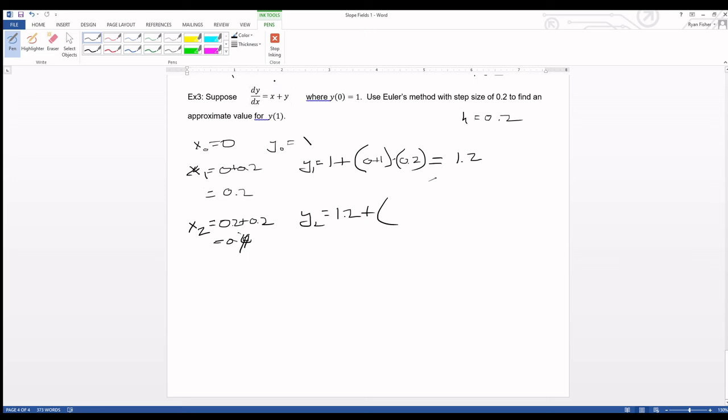Again, for this particular differential equation, we just take the x and add the y. So in this case, our value of dy/dx is 0.2 plus 1.2, because that was the previous y. This is the value of the derivative at the previous spot, and I'll multiply again by the step size. If I type this in my calculator, I get the value of 1.48.